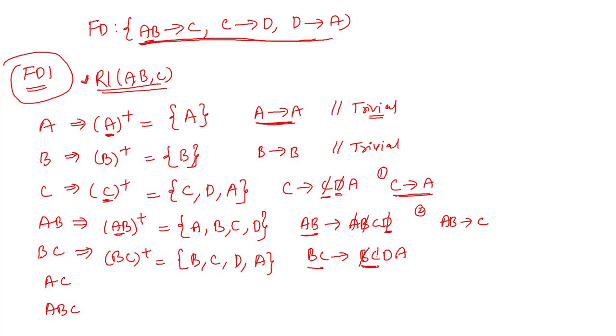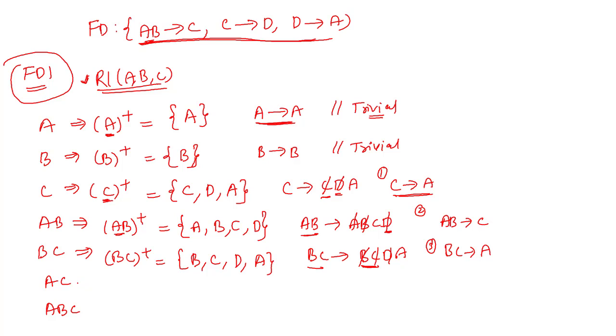So we can say BC are the trivial attributes, so we can remove this. And D is not part of this R1, so we can remove this. So from this I can say BC can determine A. Here also I am removing BC on the right side because those are the trivial attributes, right?